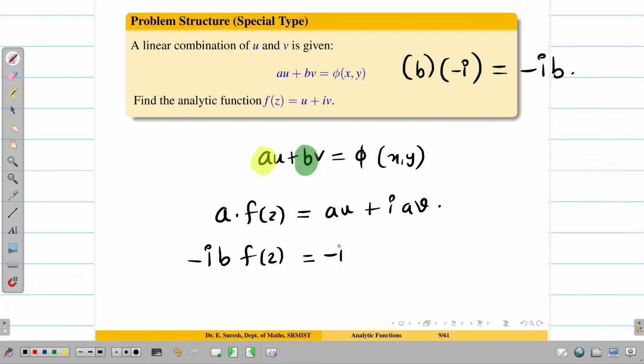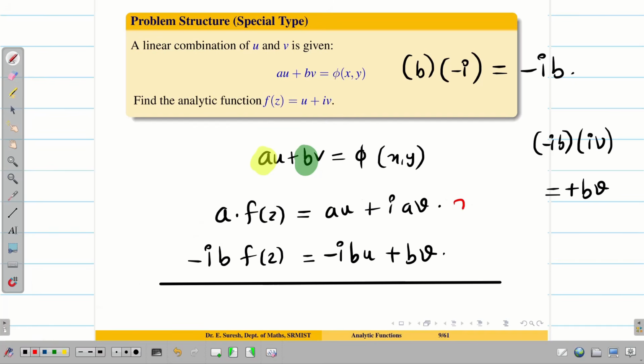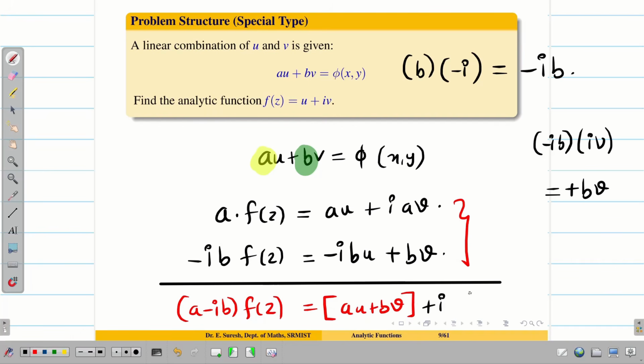So we get minus i bu minus ib into iv, which is going to be minus i square bv. i square is minus 1, so minus into minus plus, we get bv. When we add these two equations, we get a minus ib into f of z is equal to au plus bv plus i into av minus bu.